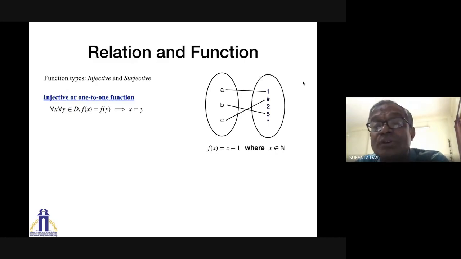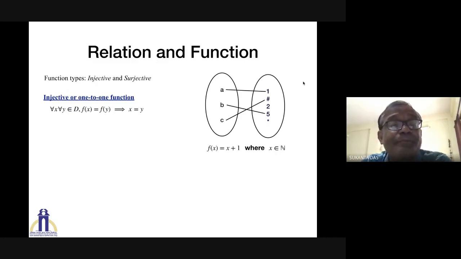So the set of naturals, this N, is 0, 1 to infinity. If f(x) is equal to x plus 1, then that is injective, right? Because for each x, so x equal to 1, then f(x) equals 2, x equal to 3, f(x) equals 4, in this way. So you'll get a unique mapping, unique association.